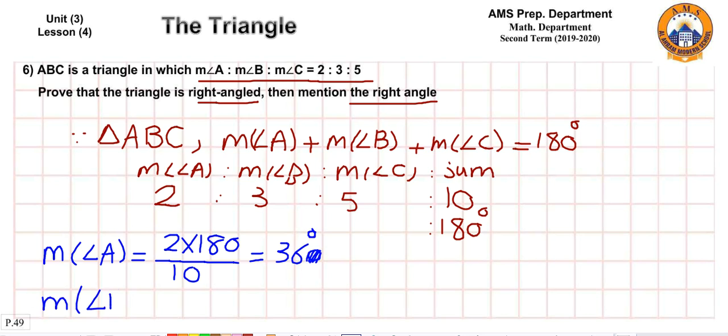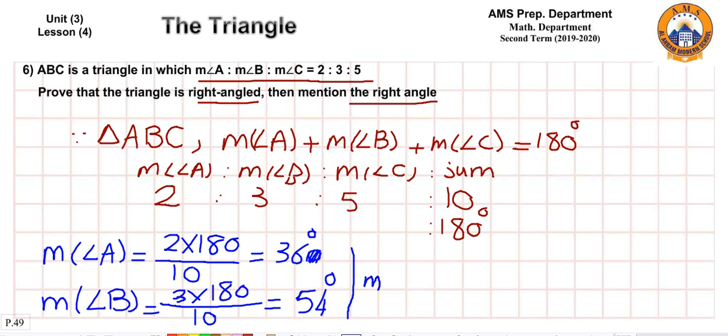Measure of angle B equals 3 times 180 over 10, and this will be 54 degrees. Finally, you will find the measure of angle C by multiplying 5 by 180 and dividing by 10, and this will be 90 degrees.